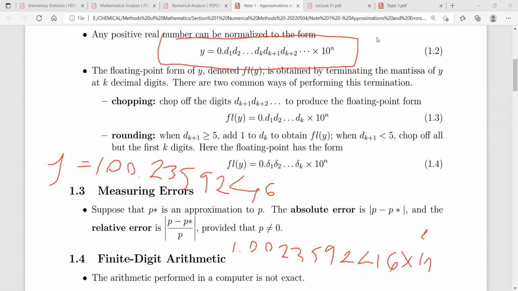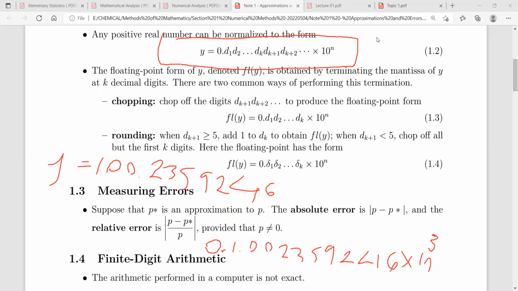But there are limitations in computers for the number of digits they can handle. This must be 0.10023599246 × 10^3.